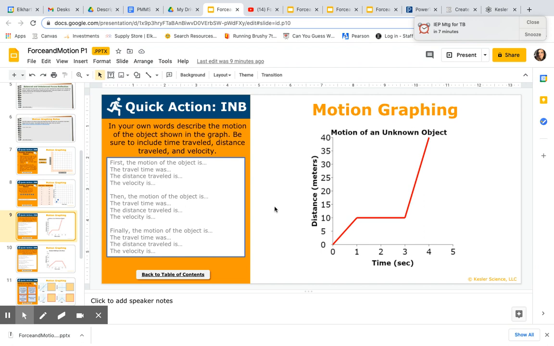Remember, to find the velocity, you will find it by taking and dividing your numbers. Okay? And you need to do that 3 times. So you find 3 different points. 1, 2, and then 3 right here.